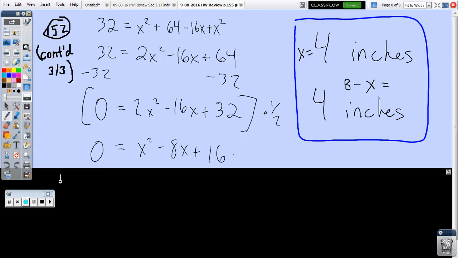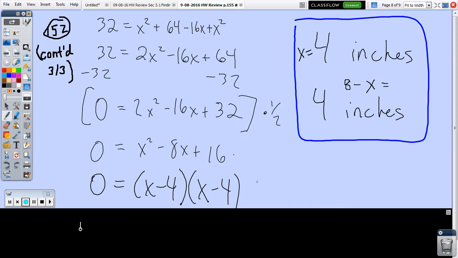That would actually make negative 16. x minus 4 and x minus 4? Yeah. So just to review, when it's short AC and this is just a 1, you can just look at this and say, what factors of 16 add up to negative 8? Well, they would both have to be negative because they sum to a negative, so they both would be negative 4. So here it is.